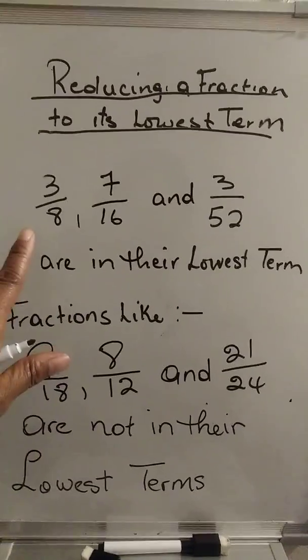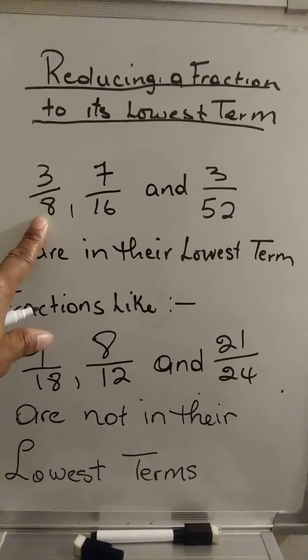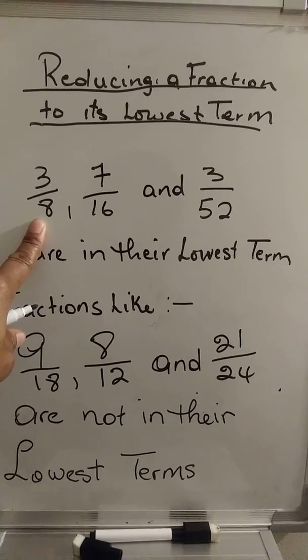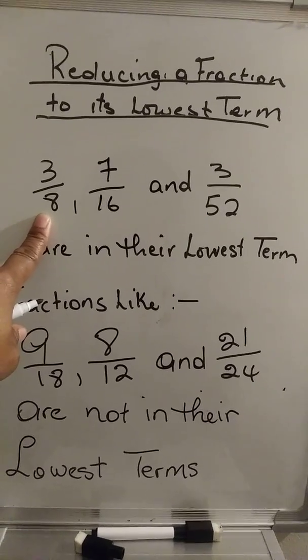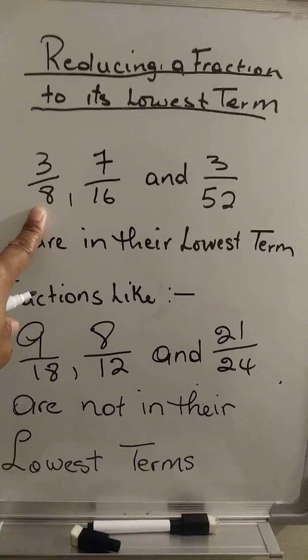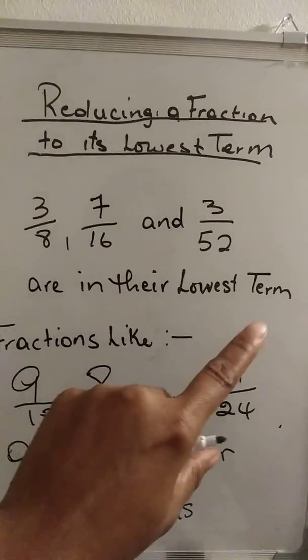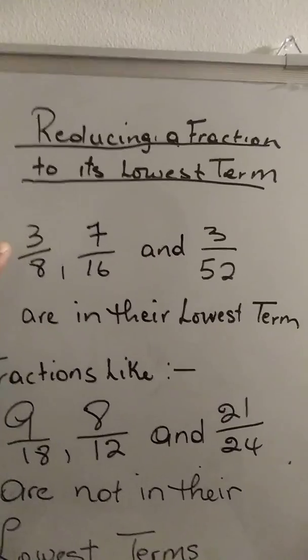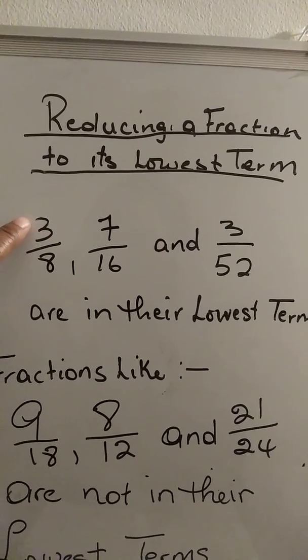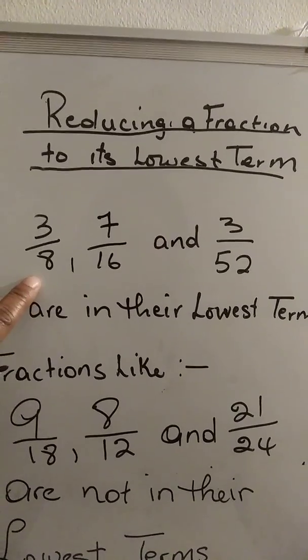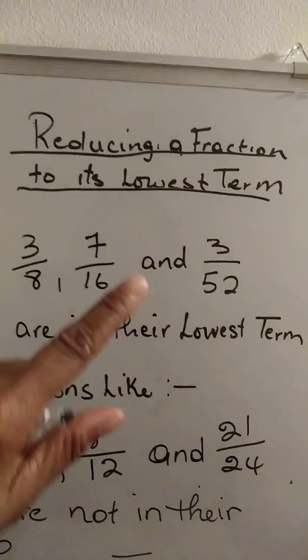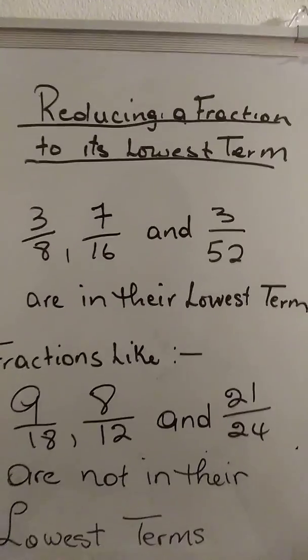It is impossible to find a number which will divide exactly into both the top and the bottom of the fraction. So that is why these fractions are in their lowest terms. We cannot find a number that can divide into both the numerator and the denominator.